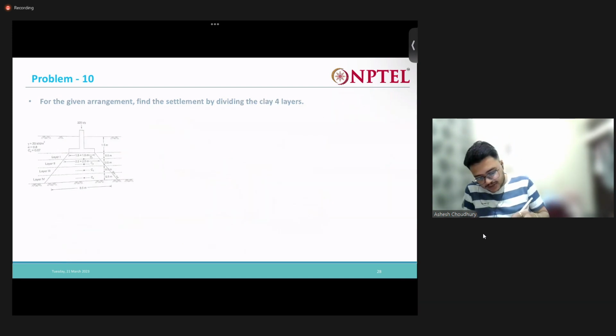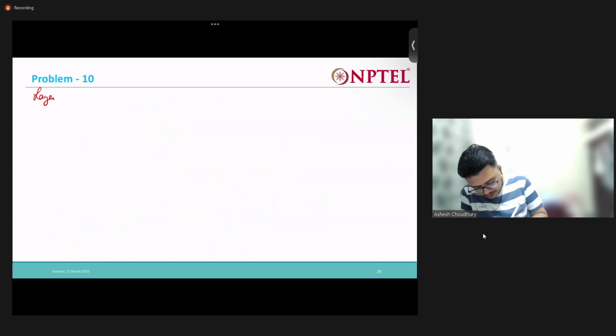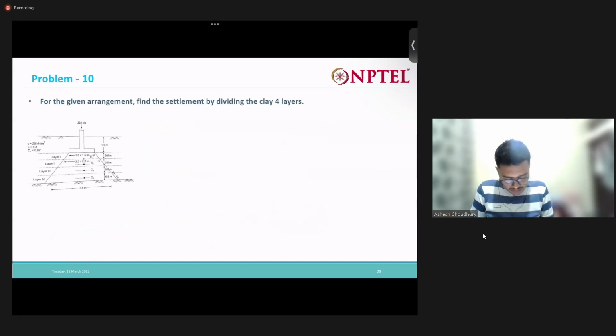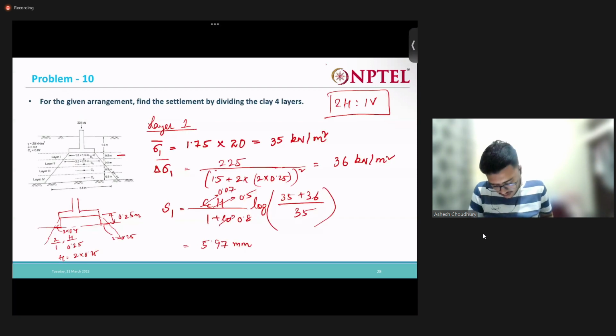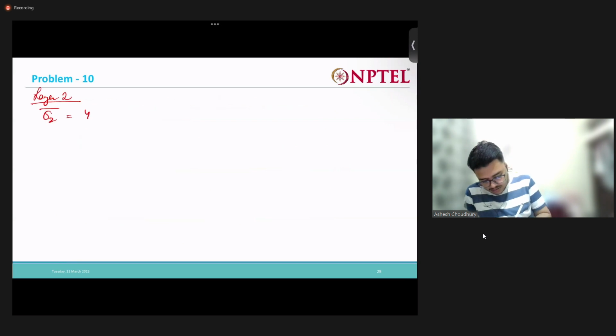Okay, similarly for layer 2, what will be the effective stress at the center of layer 2? 35 plus 0.5 into 20, that is 45, isn't it?